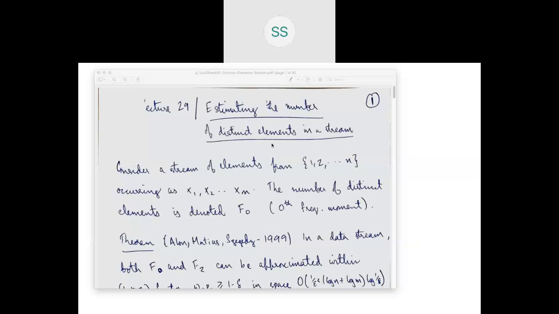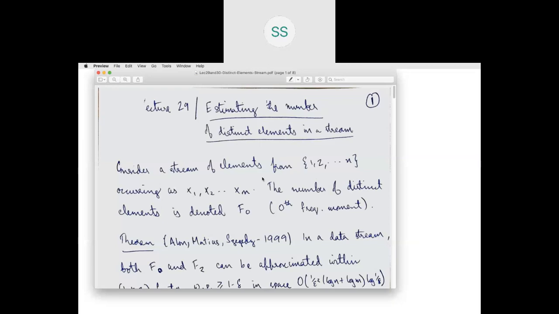Okay, so in this lecture and the next, we will show a streaming lower bound. I suppose we have seen this basic streaming model in the lecture by Dr. Karthik.